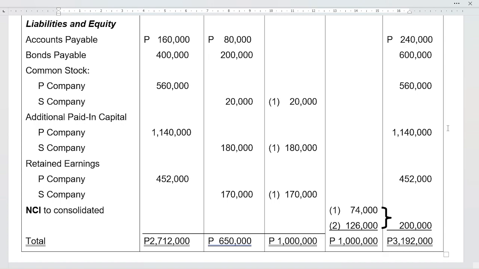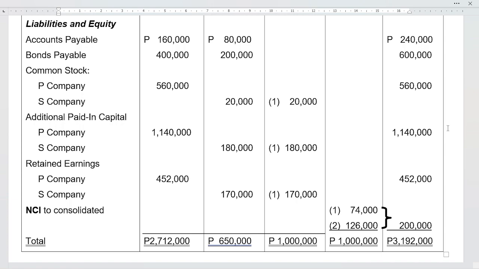In additional paid in capital, P company has an amount of 1,140,000 while S company has 180,000. For the retained earnings, P company will have 452,000 pesos while S company has 170,000 pesos. For the NCI to consolidated, it will have a debit of 74,000 and 126,000 pesos.